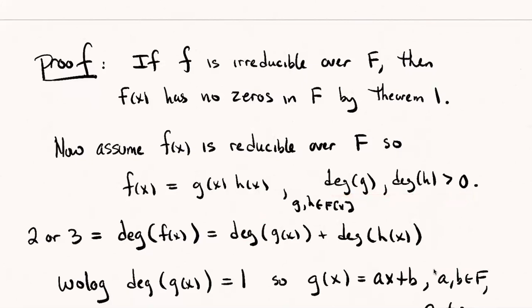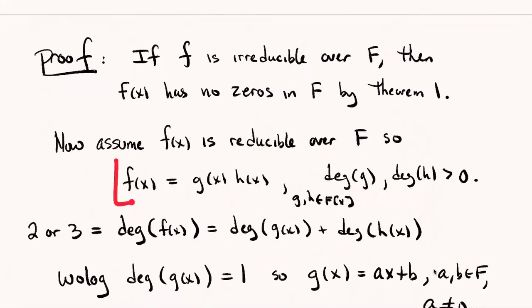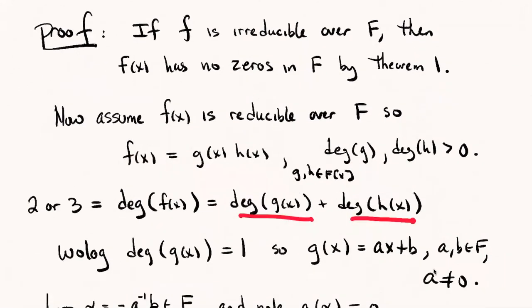So I'm supposing that f is reducible over F. Okay, and then I take degrees. Take the degree of both sides of this. The degree of f is 2 or 3, and the degree of a product is the sum of the degrees. So here I have two positive integers, degree of g and degree of h, and they're adding up to something that's 2 or 3.